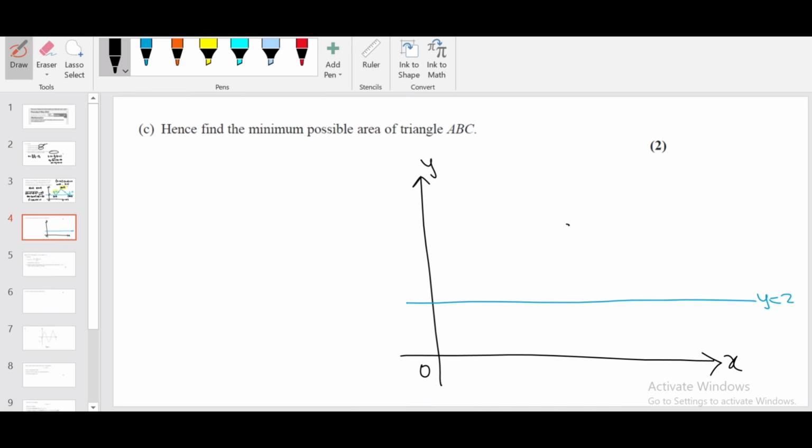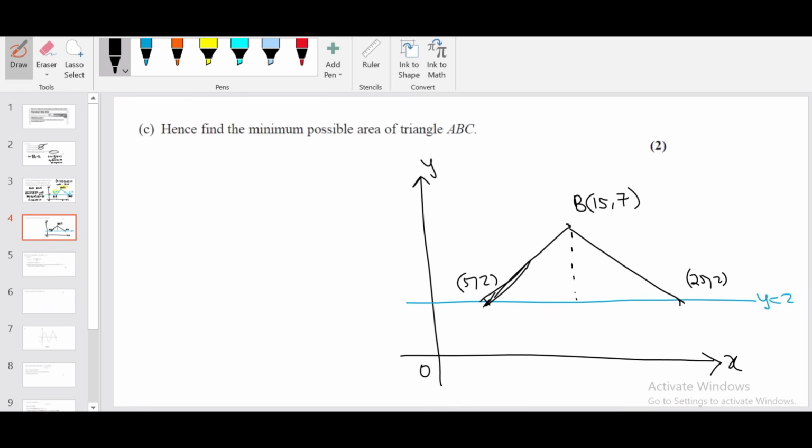Let's say B of 15, 7 is here, and you have 2 points, one is C of 5, 2 and then 25, 2, C1 and C2, 2 possible positions.